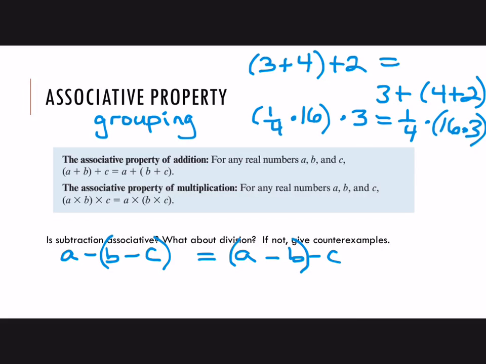So you could try this out. Maybe like 30 minus 10 minus 8, or try 30 minus 10, subtract that first, and then subtract 8. And you can come up with your own if you like.